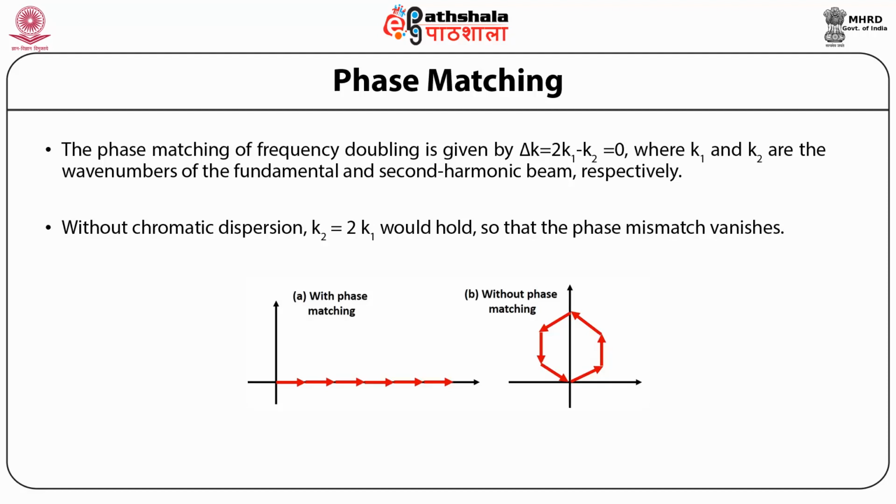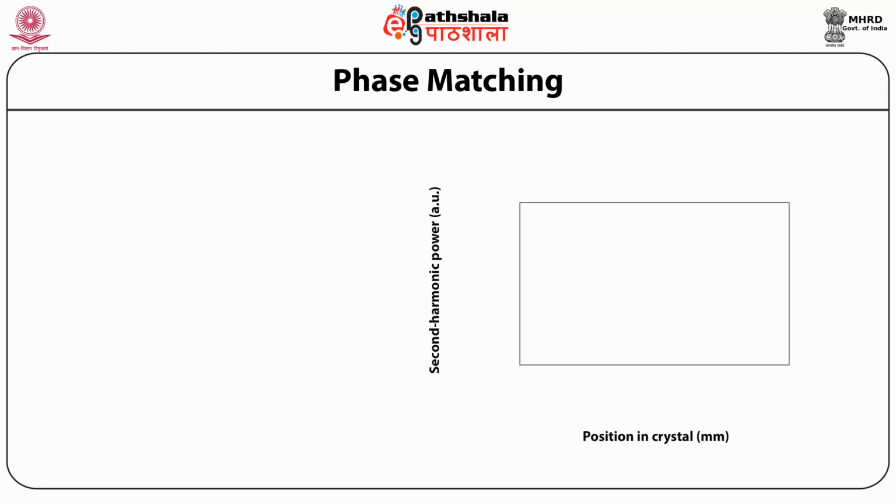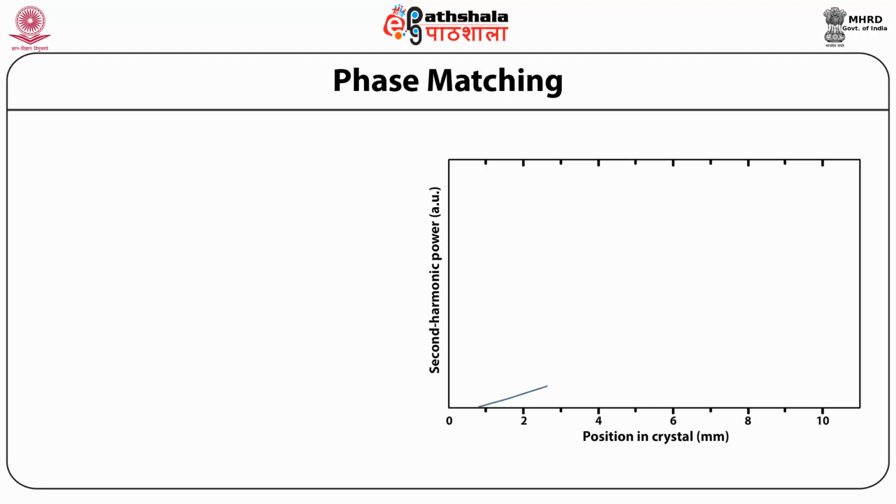Else, the direction of energy transfer changes periodically with the change in phase between the interacting waves while passing through the crystal. The energy then oscillates between the waves without being transferred in a constant direction.